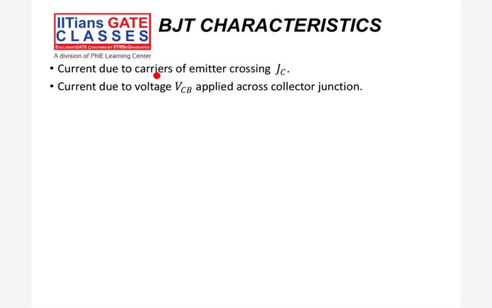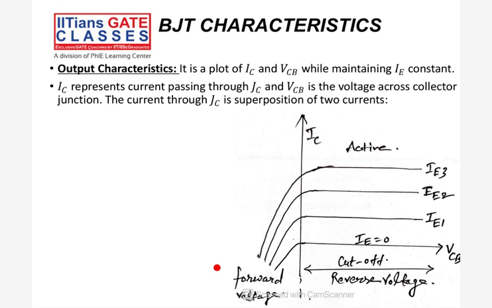This current is the reverse saturation current I naught, and the other is IPC, which I already discussed. Because of these two currents, IC is the superposition of IPC and I naught.